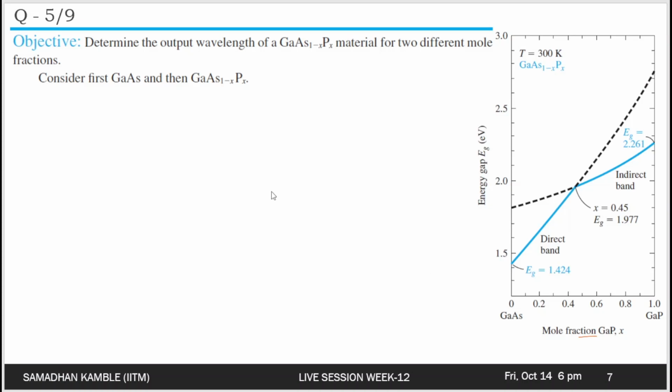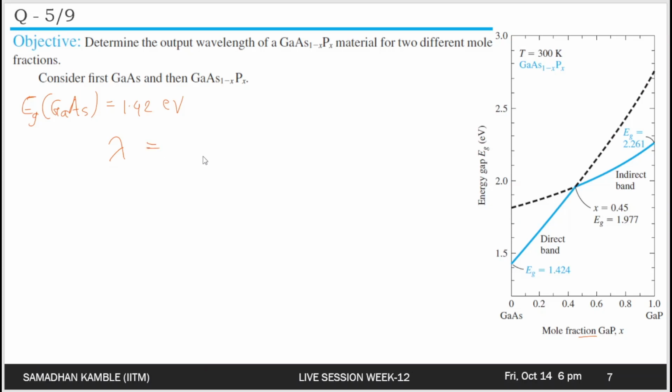So we know that for gallium arsenide, the band gap Eg is 1.42 electron volt. We first want to determine the wavelength that it would emit. This material would produce a photon output at a wavelength of, we know that lambda is inversely proportional to the energy, that is the band gap.